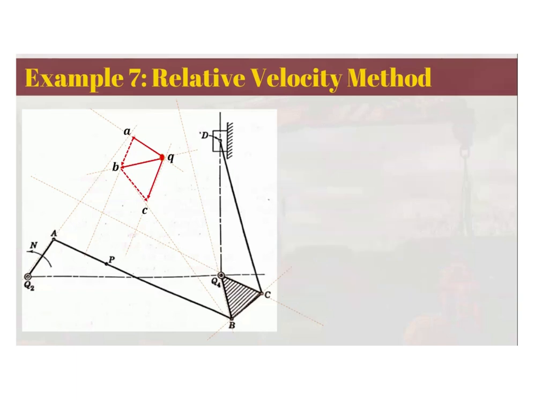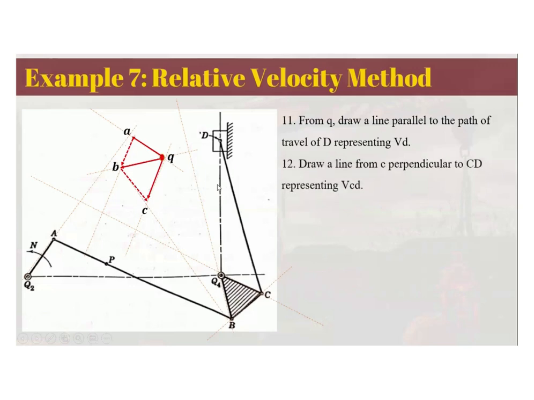So the next step is, from Q, draw a line parallel to the path of travel of D. Since we know that D is constrained to move in this direction, from Q, the velocity of D will still be parallel to this line. So draw that line parallel to that line.